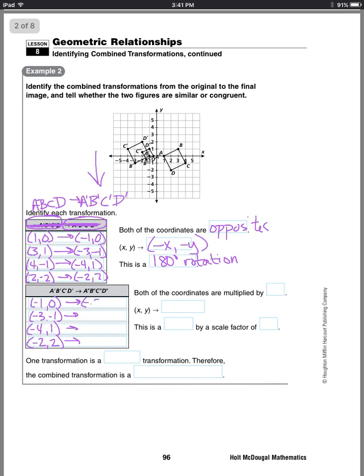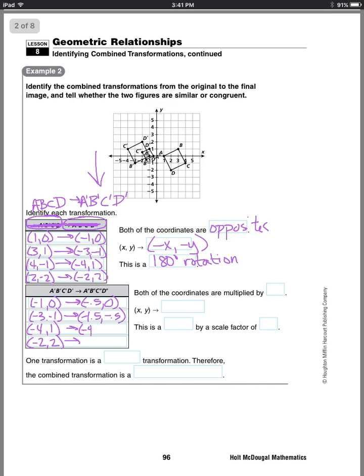Okay? So when we do that, A double prime is, it's really hard to see, negative 0.5, 0. B double prime is negative 1.5, negative 0.5. C double prime is negative 4.